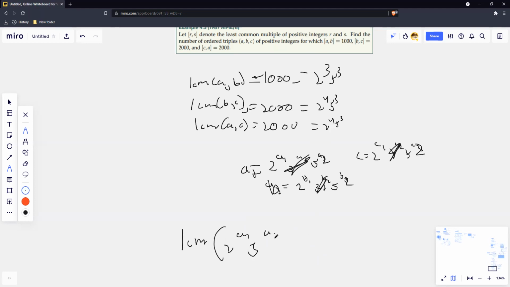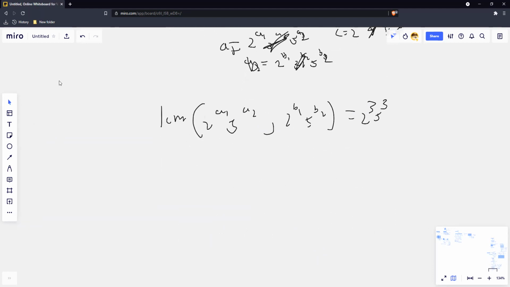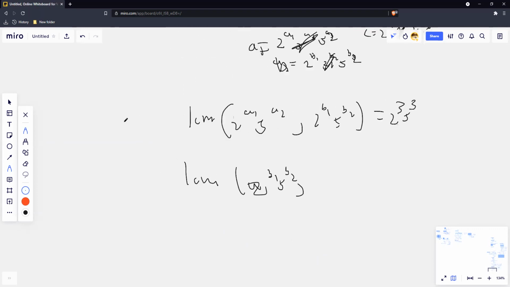Okay. Anyways, LCM of 2 to the power of A1, 5 to the power of A2, 2 to the power of B1, 5 to the power of B2 is equal to 2 cubed times 5 cubed. Okay. Then the second one, LCM of 2 to the power of B1, 5 to the power of B2.